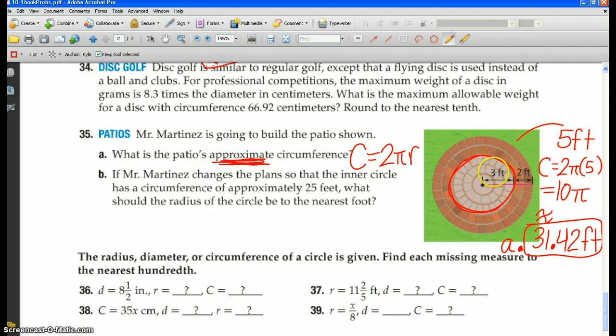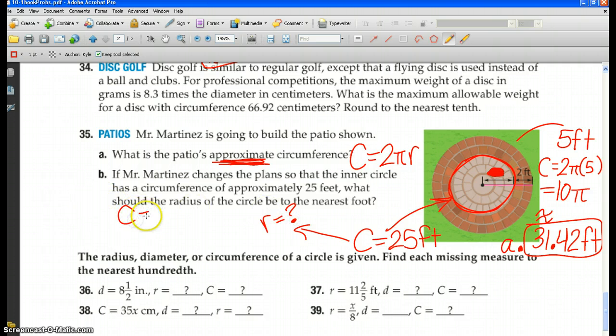We're assuming that the radius is going to be something else because we're given a new circumference. So if the circumference equals 25 feet, what is the radius?